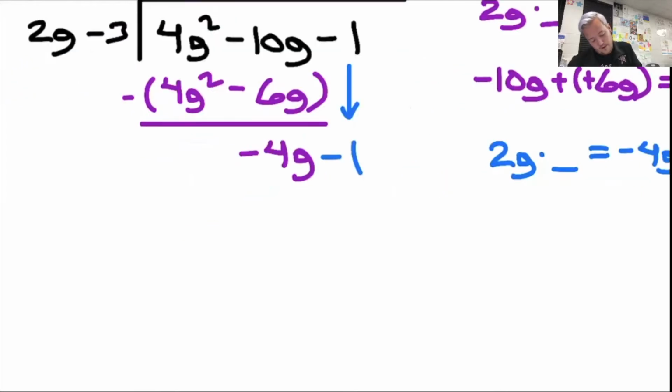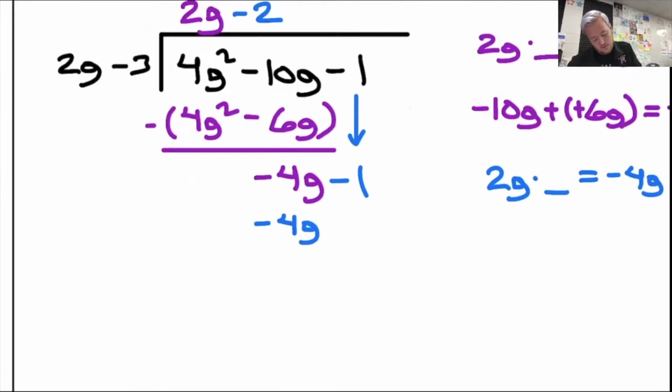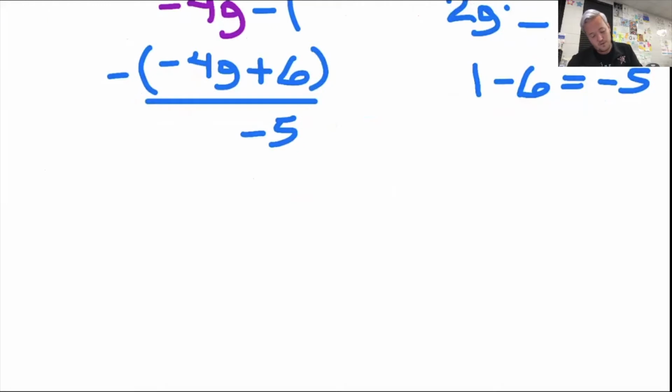So I'm going to have negative 4g. Then negative 2 times negative 3 gives you positive 6. So if you notice here, they're not going to completely zero out this time. So I'm going to have 1 minus 6, which gives you negative 5. So in this case, this value is going to be a remainder.